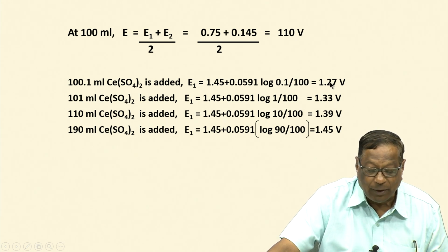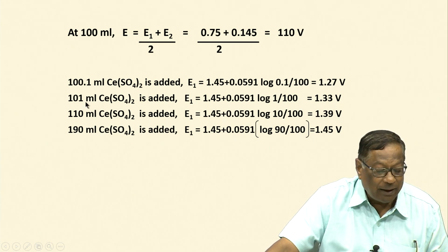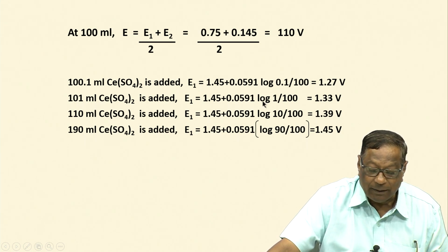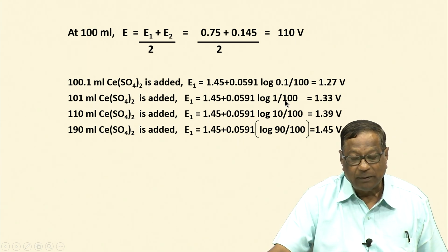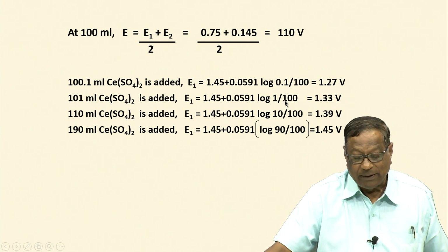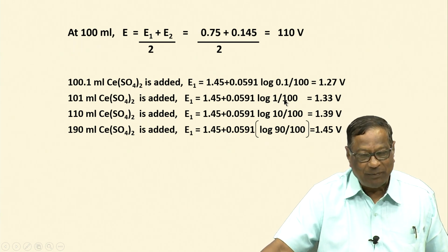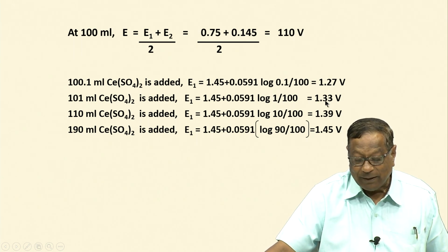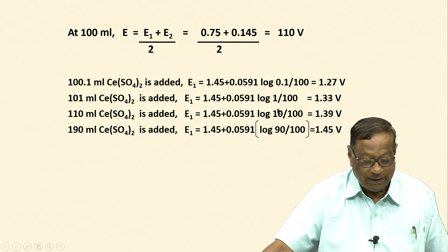So, that gives me 1.27, and when I add 101 ml, I get 1% extra, 100% of cerous. So, 1% is extra, 100% remains same, that is cerous, and then I get 1.33.